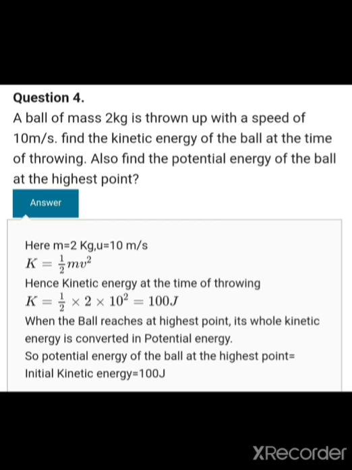I told you that energy is neither created nor destroyed, it only transfers from one form to another. So at the highest point, the whole kinetic energy will convert into potential energy. So the amount of kinetic energy is equal to the amount of potential energy. So potential energy at the highest point is equal to kinetic energy, that is equal to 100 joule.